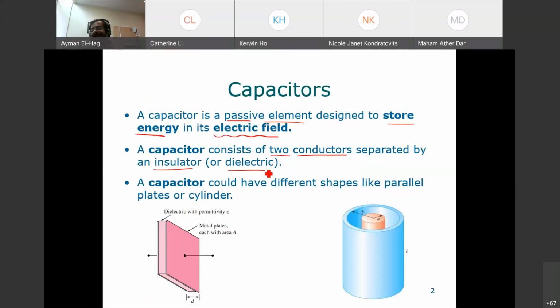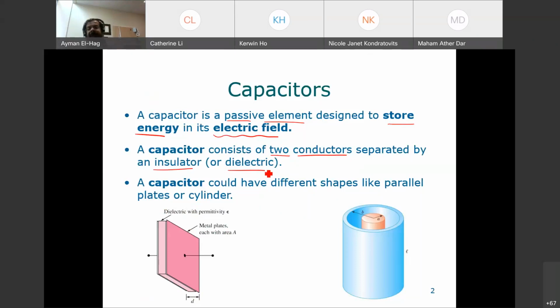It's a material that does not allow current to go through, for example rubber or wood. This material will not allow electricity to move, because the electrons are attached strongly to the atom, so even under the influence of an electric field they will not be able to move. Unlike conductors, where the electrons are loose and can easily move.